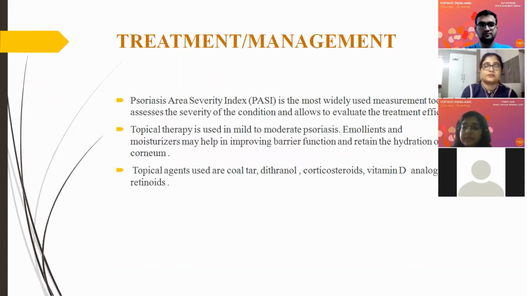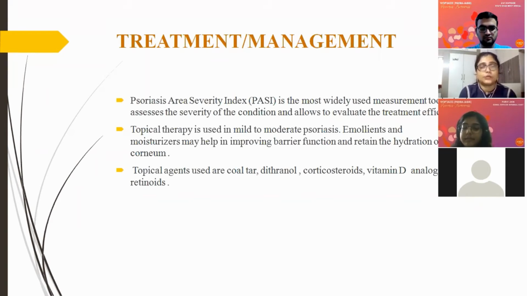Now, treatment. While choosing the treatment, the Psoriasis Area Severity Index is the most widely used measurement tool, which assesses the severity of the condition and allows evaluation of treatment efficacy. The area severity is the body surface area. So topical therapy is used in mild to moderate psoriasis.